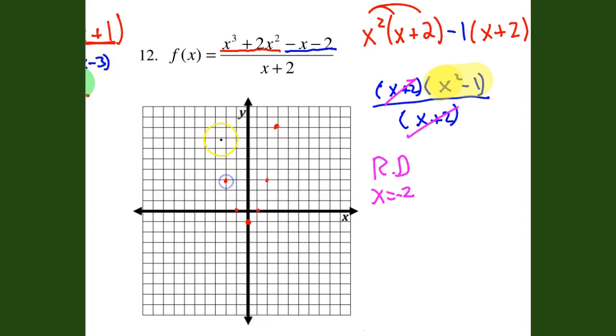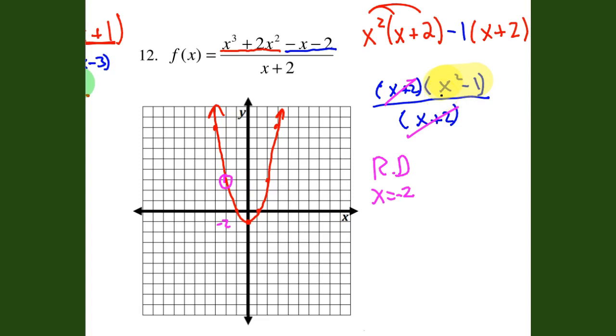Just mirror it on the other side here. There's our quadratic equation, a parabola. And the removable is at negative 2. Here's negative 2, right there. Okay, so that's all 12.